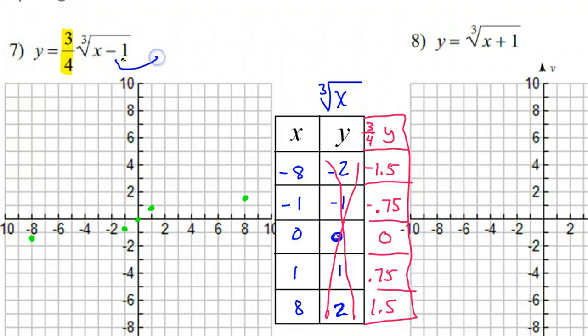So this -1 tells us that we are going to be shifting to the right by 1. Okay, so I'm just going to take each one of these points and move them to the right by 1.